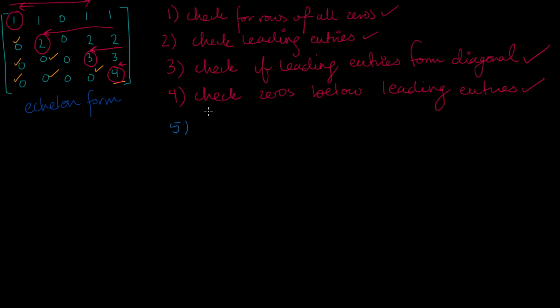5. Well, now that we know that it's in echelon form, is it reduced echelon form? What we do is check the leading entries again. Are they ones or are they not ones? Check leading entries. Are they 1?